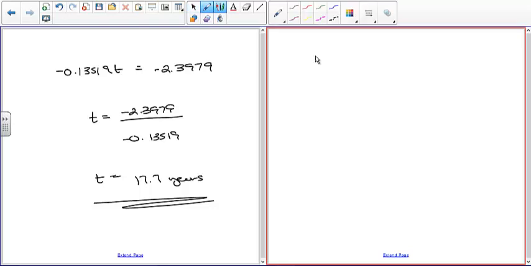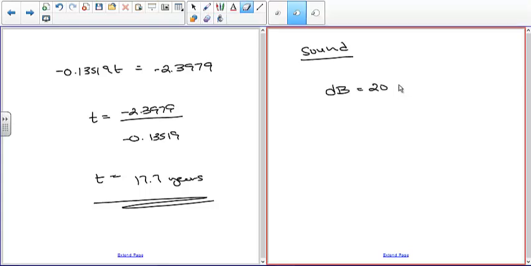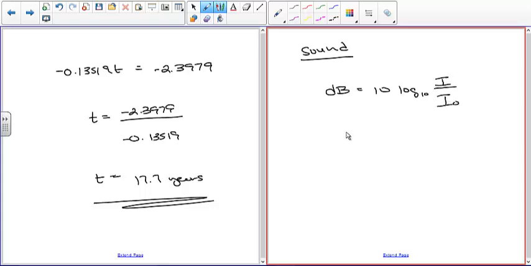The last example is I'm going to talk about sound. And this is a case where you have logarithmic functions. And so what we say is that the sound level in decibels is equal to 10, it's probably 10, times the log to the base 10 of the intensity of the sound divided by this reference intensity.